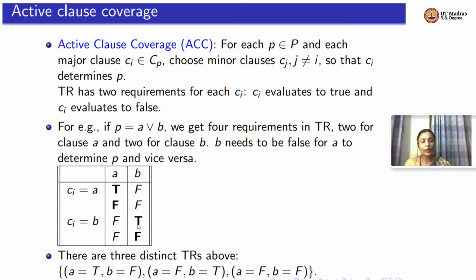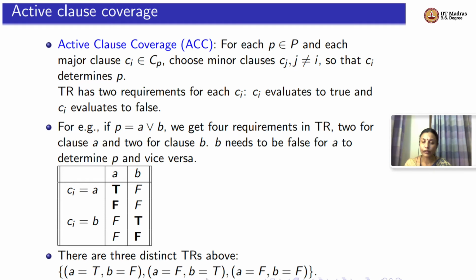So in terms of the number of distinct test requirements, A is true, B is false. That's the first row. Second row is A is false, B is false. Fourth row is also A is false, B is false. That's given towards the end here. And the third row, A is false, B is true, is the other test requirement.